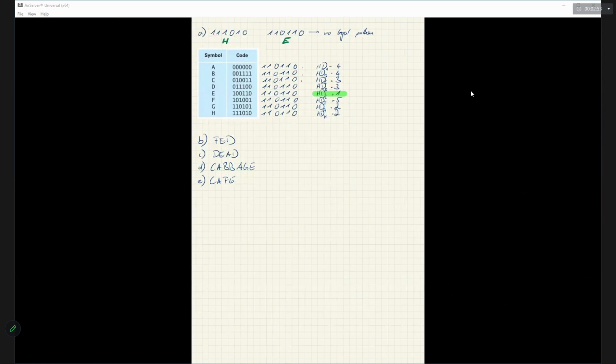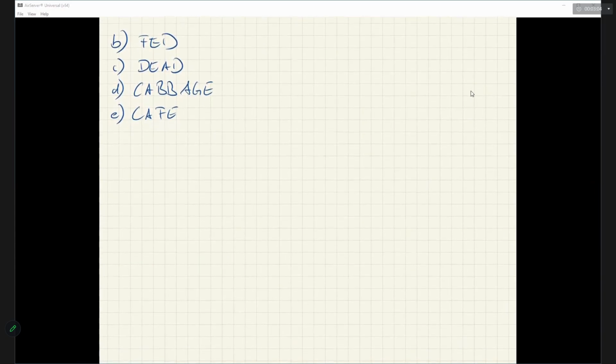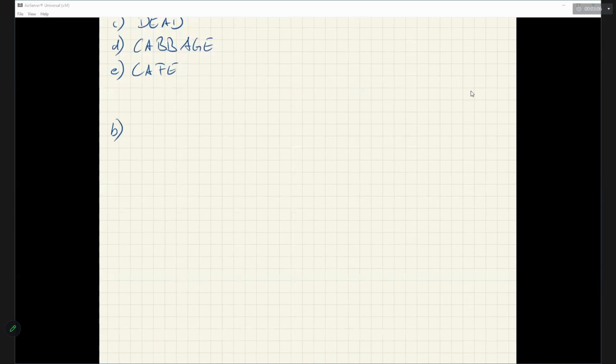So let's do B and C in addition. The pattern given for B is 1 0 1 0 0 0, 1 0 0 1 1 0, and 0 0 1 1 0 0.